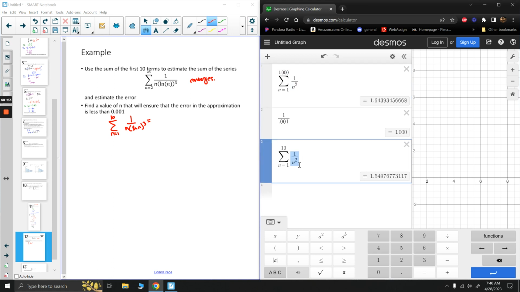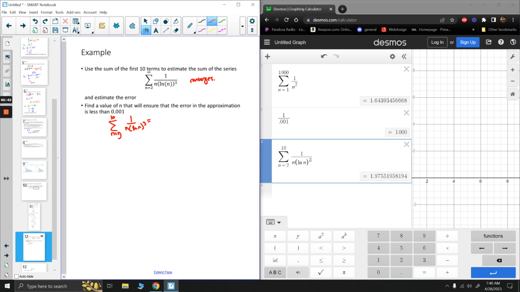So 1 over ln n cubed. And we're going to take this from 2. I wrote 1, but I need to write 2. So it should be from 2 onwards. Okay. And we get 1.97551958194.